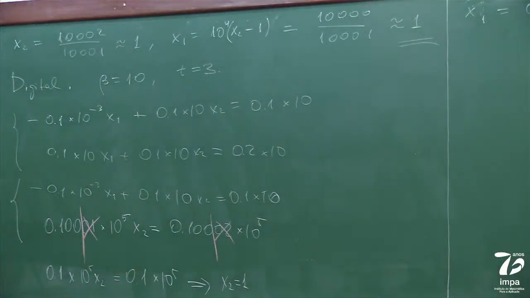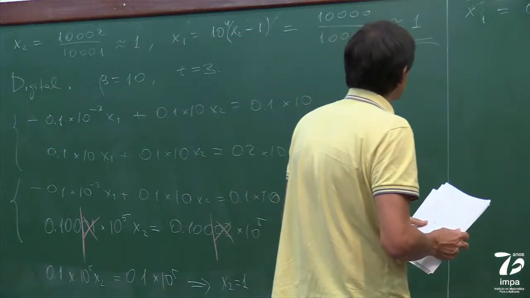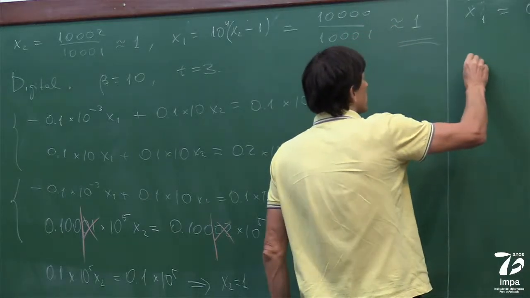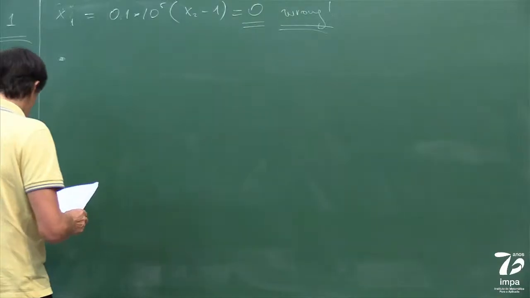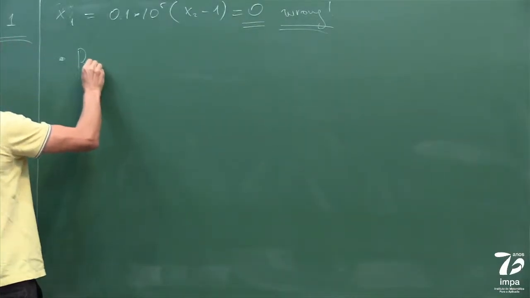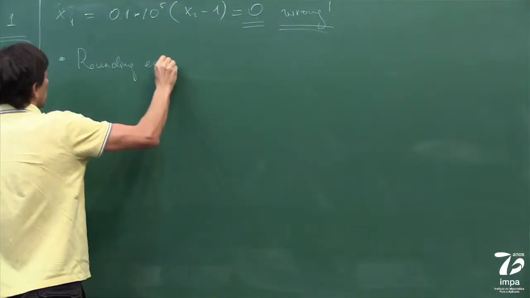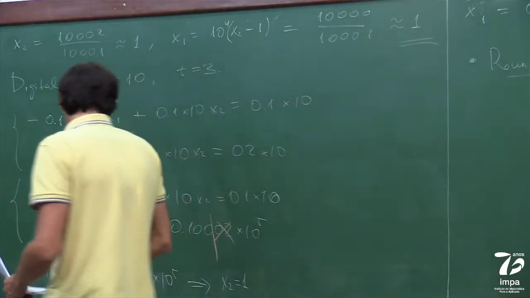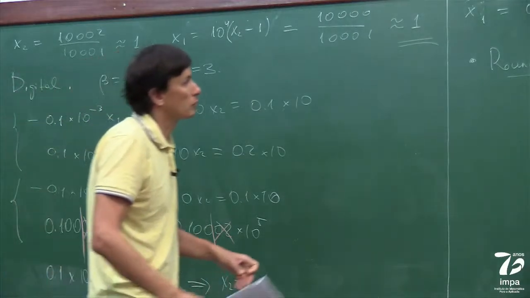So that's what I thought of as a second reason of error. There were two types of errors. One was a rounding error, the one that we cannot avoid at all, so whenever we make an operation we have to round, because we have a finite number of digits.